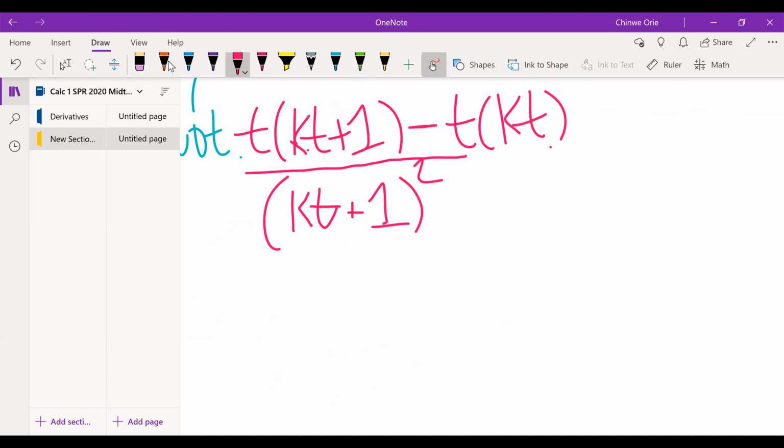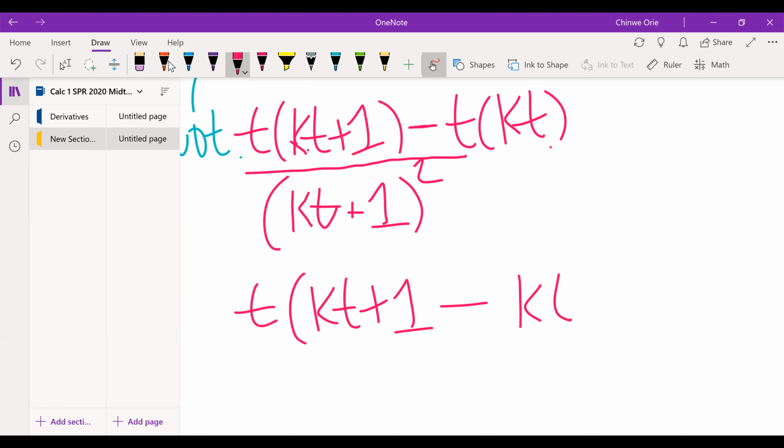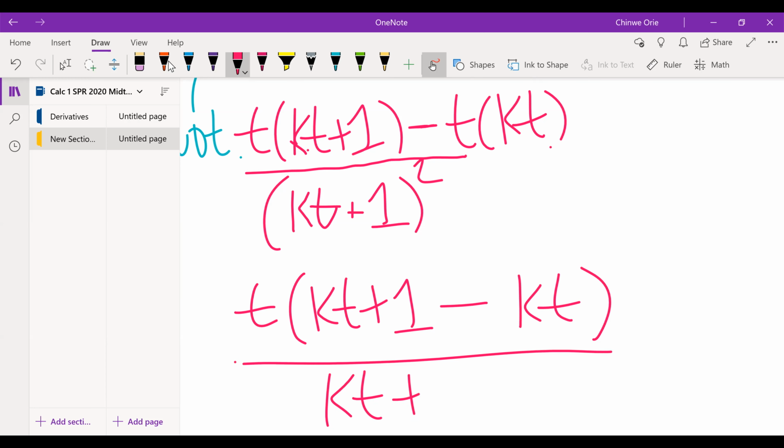All right. So you could factor out a t. So you could have t factored out and you have kt plus 1 minus kt, over kt plus 1 squared. This is probably when you should simplify.